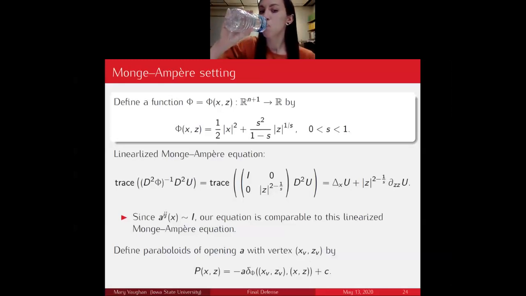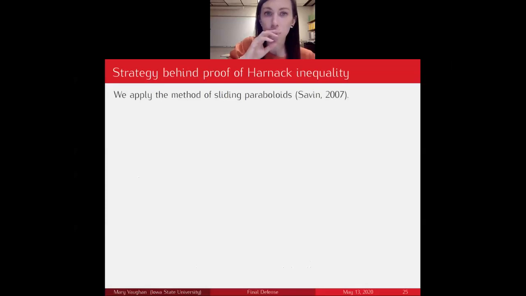Again, these are our paraboloids, and I'm defining them because that's the basis of our proof for the Harnack inequality. So now I'm going to just describe our strategy behind the Harnack inequality. We apply the method of sliding paraboloids that Ovidio Savin used in 2007 for uniformly elliptic equations.